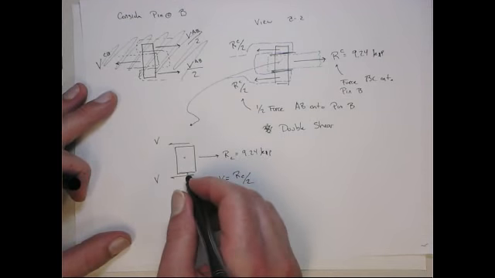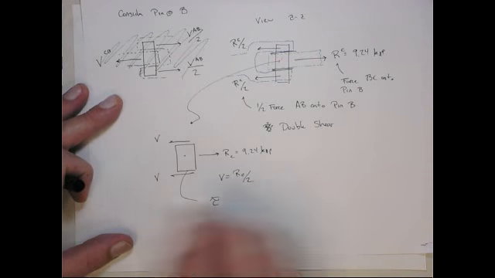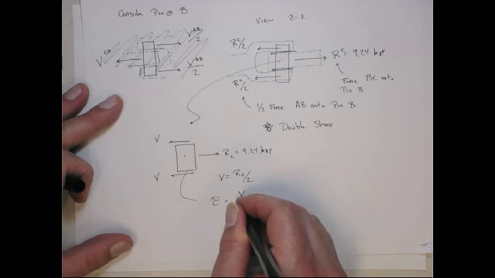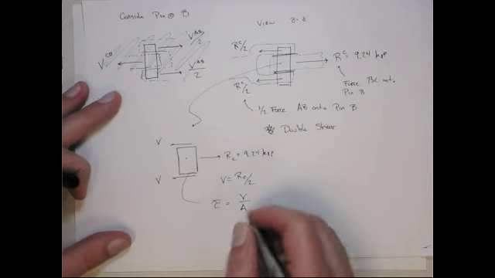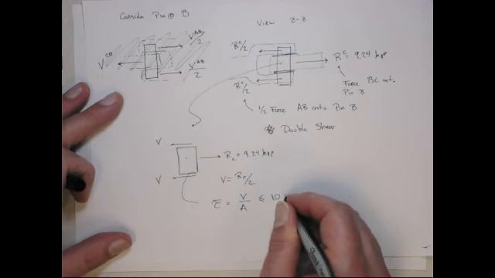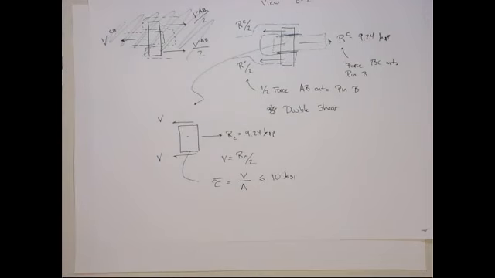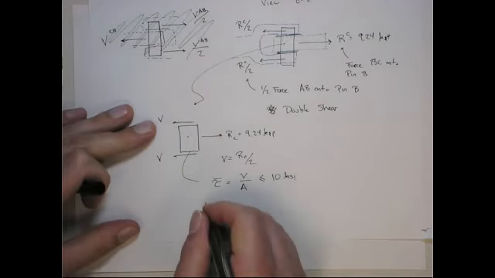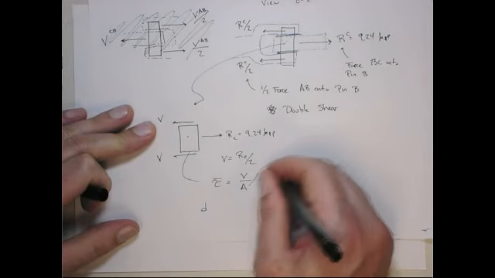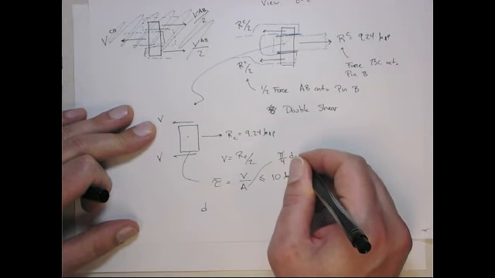Okay, let's do the stress analysis on this area. The average shear stress here is V over the area, and that has to be less than or equal to the 10 ksi. So this equation goes the same as pin A. But now we're at B, so the area is pi on 4 times the diameter at B squared.